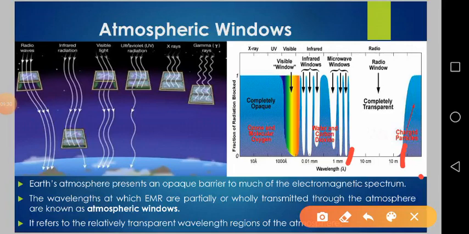There is a transparency, that is, our atmosphere is capable of transmitting the radio waves. So this is called the radio window. Like that, we can define the wavelengths for the microwave window, infrared windows, as well as visible windows.